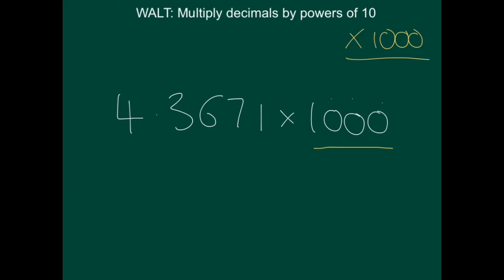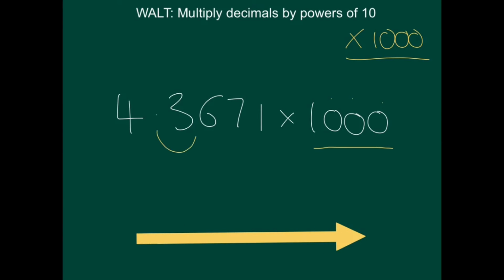So as you can guess, we're going to move our decimal point 1, 2, 3 places to the right still. It's not so bad. So we're going to move it to here. 1, 2, 3. And we're going to stop between the 7 and the 1. So that means our final answer is going to equal 436.7.